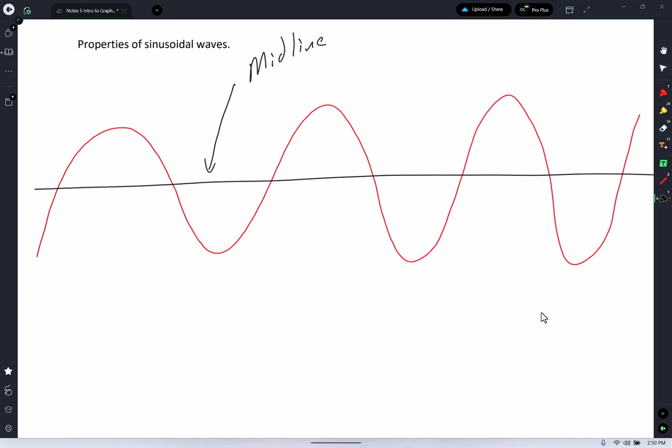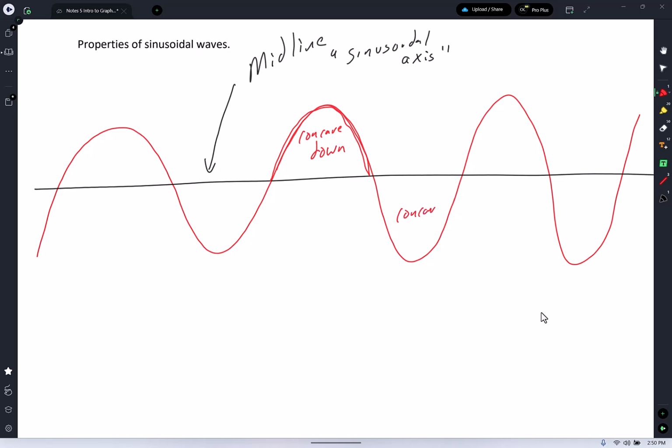Midline, sometimes called sinusoidal axis. Have any of you guys heard of this through camp or something? No? Okay. This upside down bowl, we're talking about concavity, so I'm going to say this is concave down.